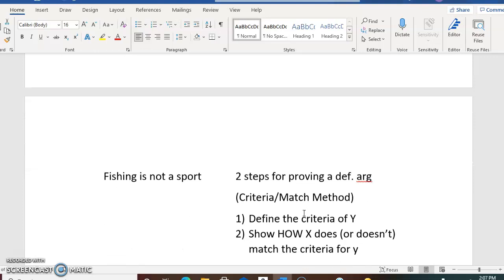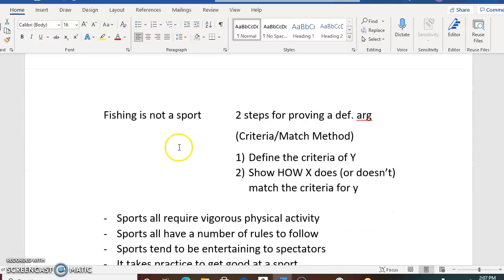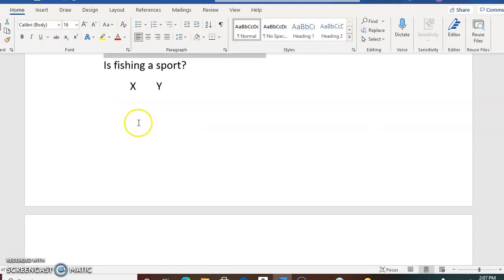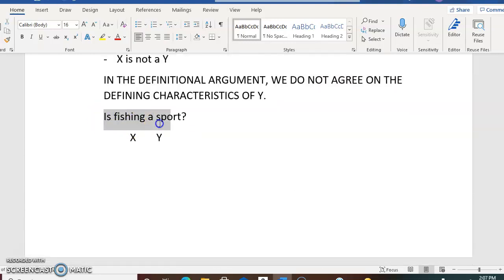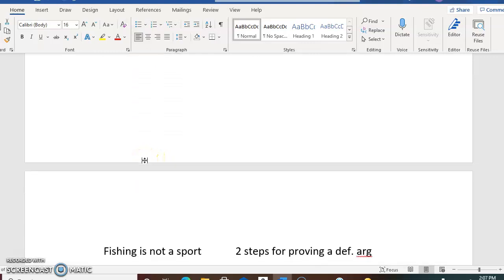And so, when we're going to prove this, and notice it's debatable, you could make a good argument for fishing is a sport. You could also make a good argument for fishing is not a sport. So in other words, it's debatable. There's good arguments to be made on either side.